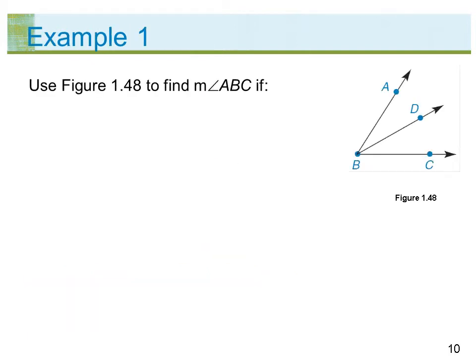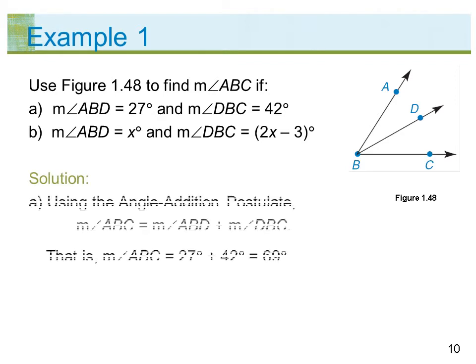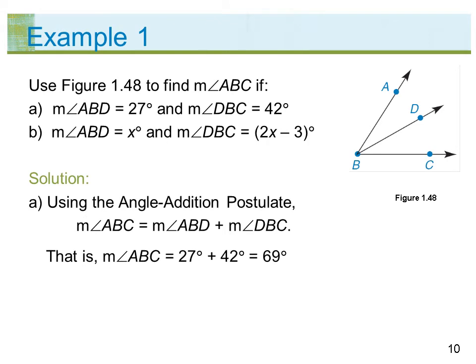Use Figure 1.48 to find the measure of angle ABC. A. If the measure of angle ABD equals 27 degrees and the measure of angle DBC equals 42 degrees. B. If the measure of angle ABD equals x degrees and the measure of angle DBC equals the quantity 2x minus 3 degrees. Solution: A. Using the angle addition postulate, the measure of angle ABC equals the measure of angle ABD plus the measure of angle DBC.